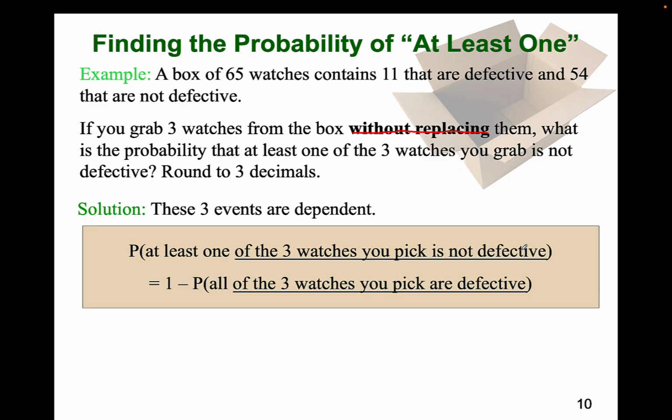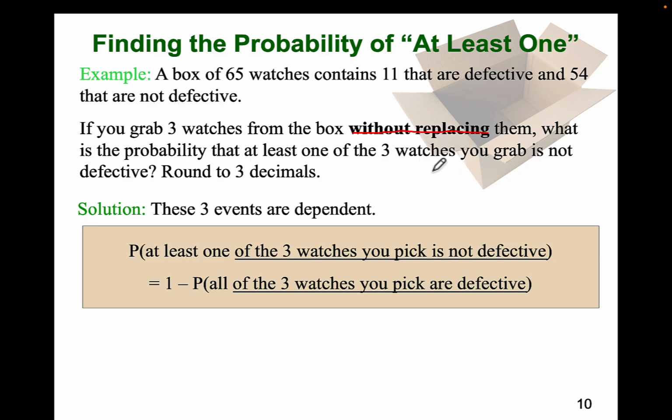At least one of the 3 watches is equivalent to, this next line, equal sign, 1 minus the probability of all 3 watches you pick being defective. This is a little tricky to wrap your mind around at first. Think of 3 watches being pulled, how many being defective?